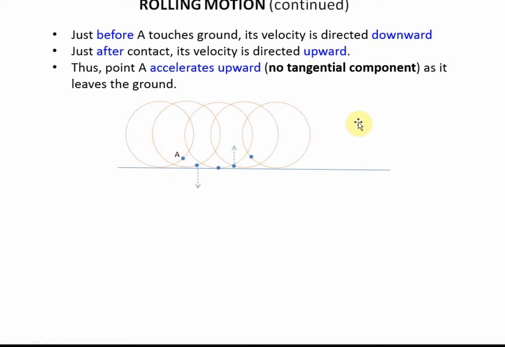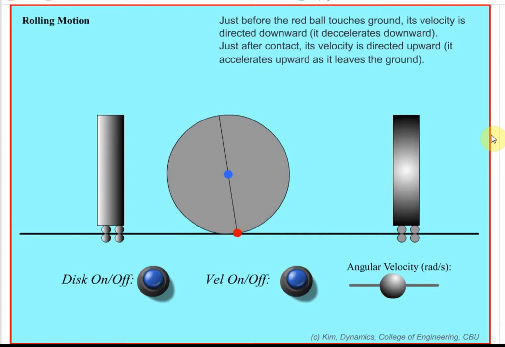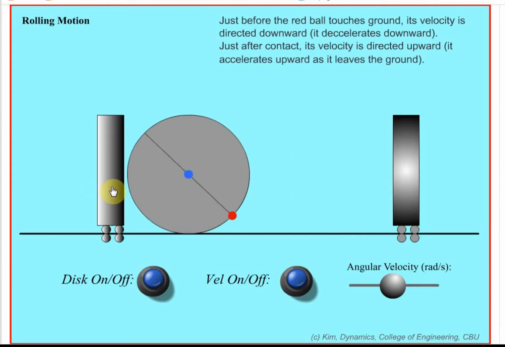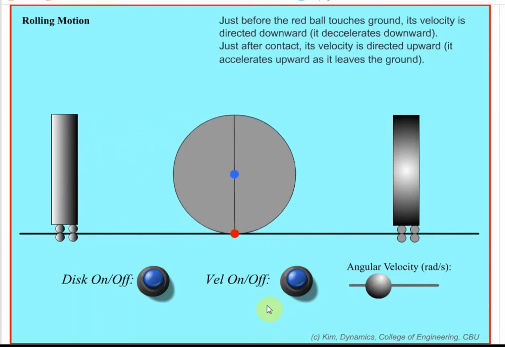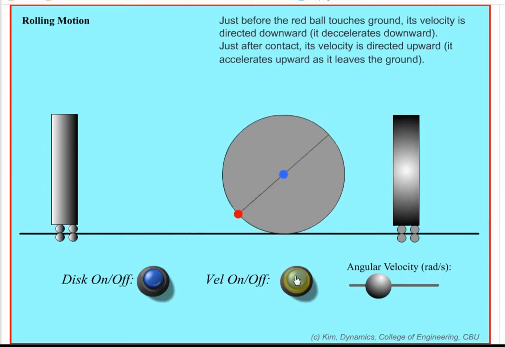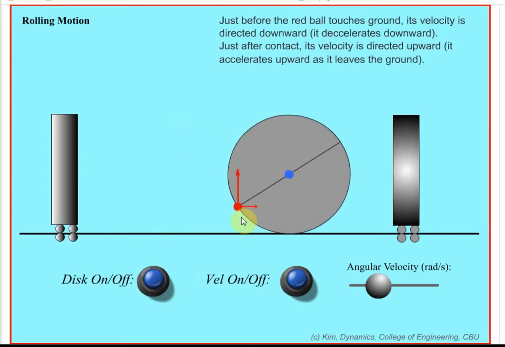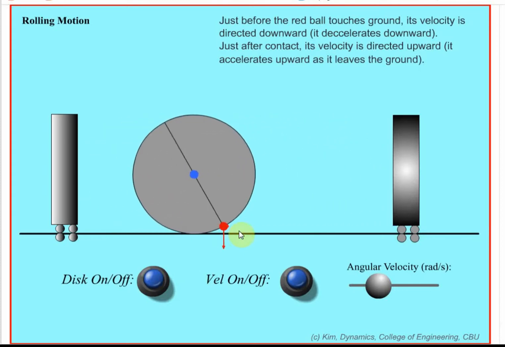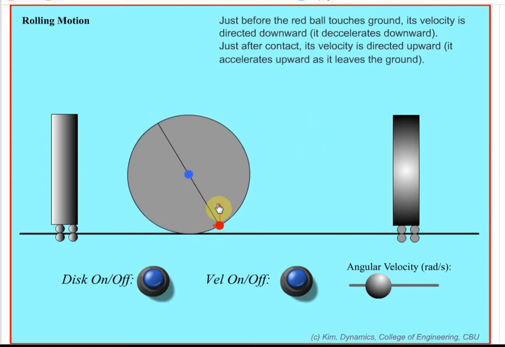Let me show you another animation to give you some ideas how the velocity and accelerations happen on this edge point. Right now the disk is just rolling. If I describe the velocity of the point A, just before touching the ground it's going down, but after touching the ground it's going up.